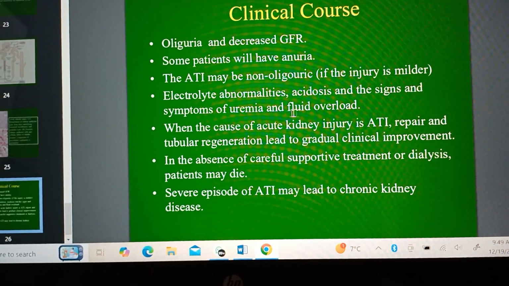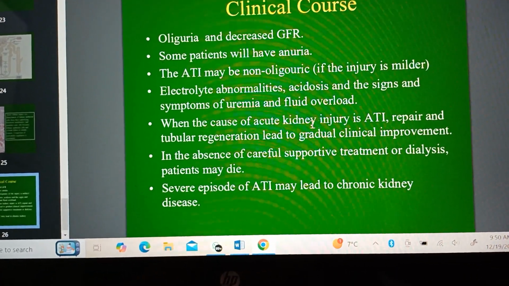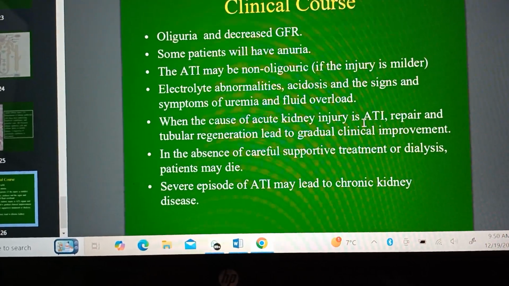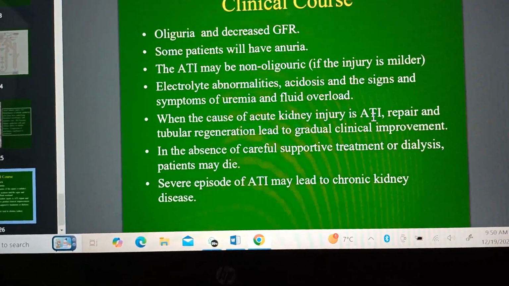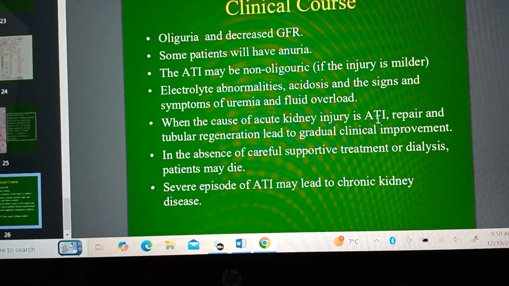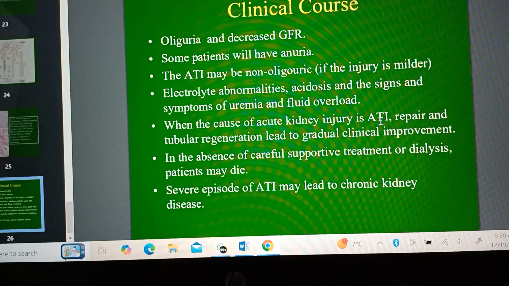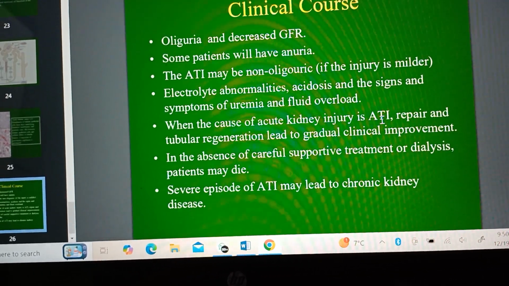And when the cause of acute kidney injury is acute tubular injury, because the kidney can be injured acutely, the kidney has glomeruli as well as tubules, but here the cause is acute injury to the tubules, right?